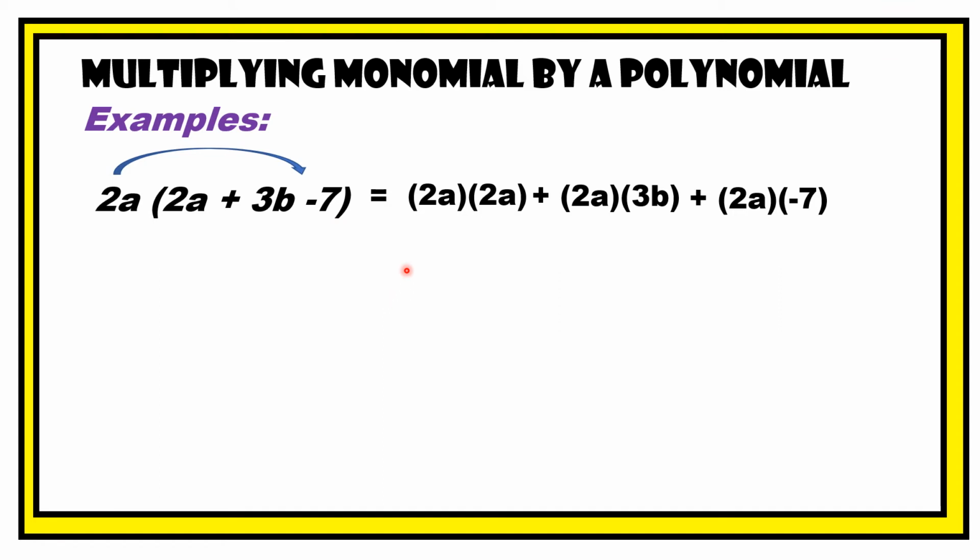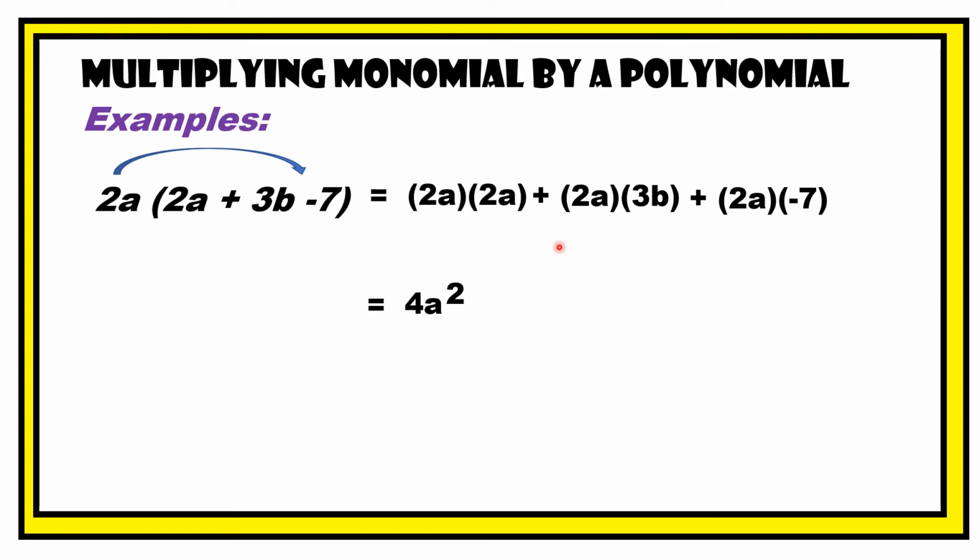So, multiply na natin. So, 2a times 2a. Multiply natin yung numerical coefficient, 2 times 2. So, we have 4. Then, a times a. Add natin yung exponent. So, the answer is 4a squared. Next, 2a times 3b. Multiply natin yung numerical coefficient, 2 times 3.